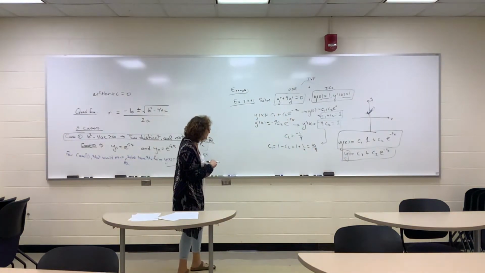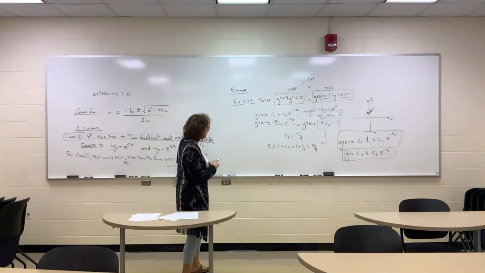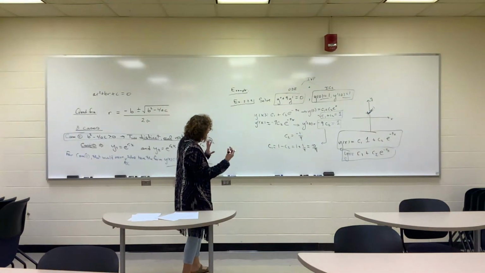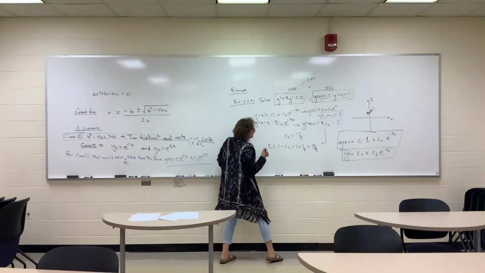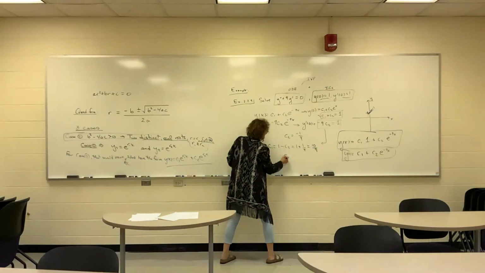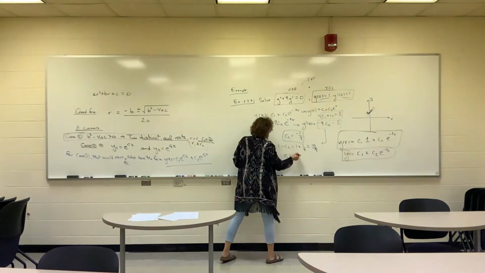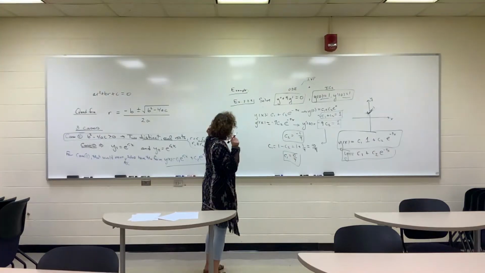Be careful with your negative signs. It's always super easy to drop a negative here, so I am double checking a second. 1 minus C2, yes, 10/9. Okay, so C2 is -1/9 and C1 is 10/9. Right? 10/9 minus 1/9 is 1, yay.